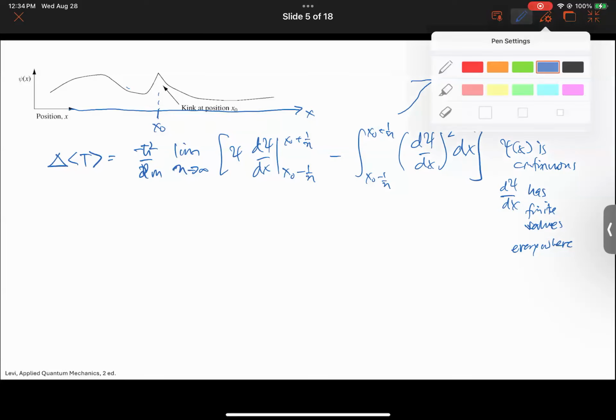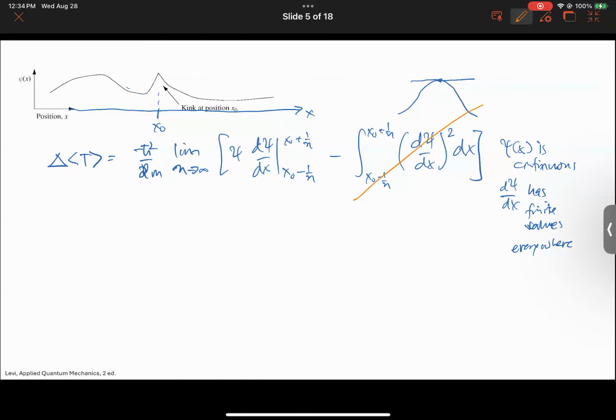So we know na ngayon, itong integral na to will have a finite value. Okay. So yun yung dinidescribe ko kanina na ito, if you're coming from the left, then yung slope has finite values everywhere. If you're coming from the right, they have finite values everywhere.